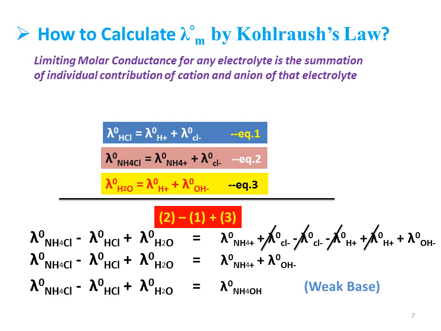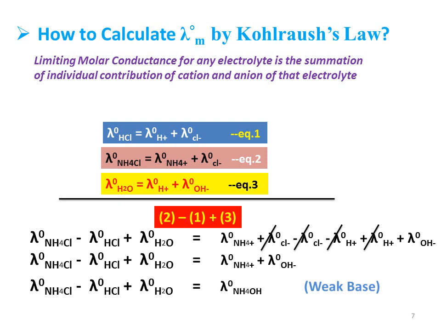These three equations we have written, and then we calculate the molar conductivity of ammonium hydroxide. So you will be given a question: calculate the limiting molar conductance of ammonium hydroxide.